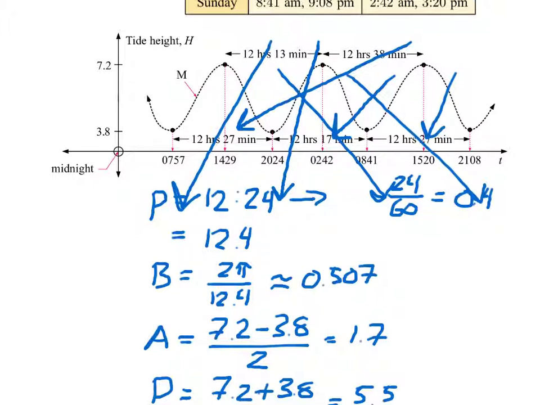But I can make another assumption here, and that assumption is that M is going to occur halfway between the first low tide and the first high tide. So what I can do is I can subtract the time of the first low tide from the time of the first high tide, take the average, and that's going to get me the time of M.